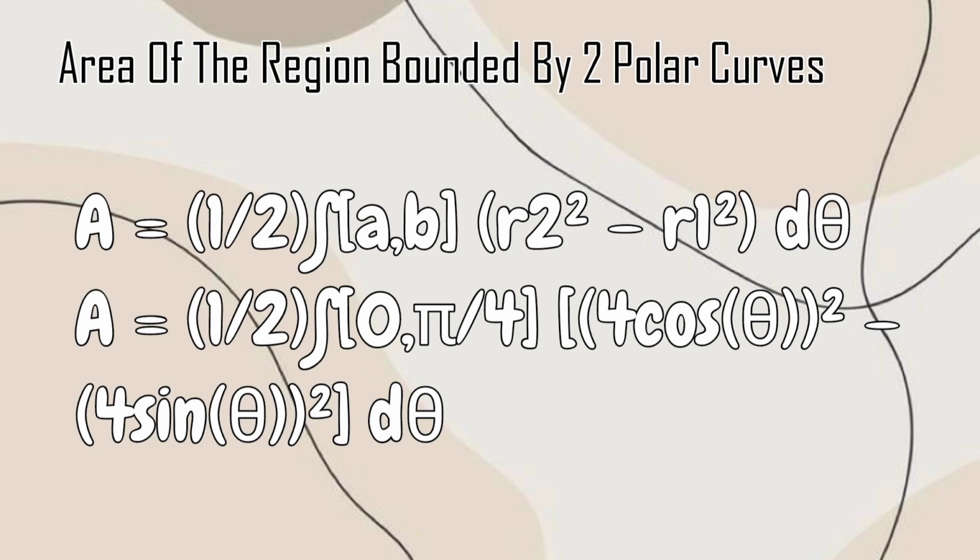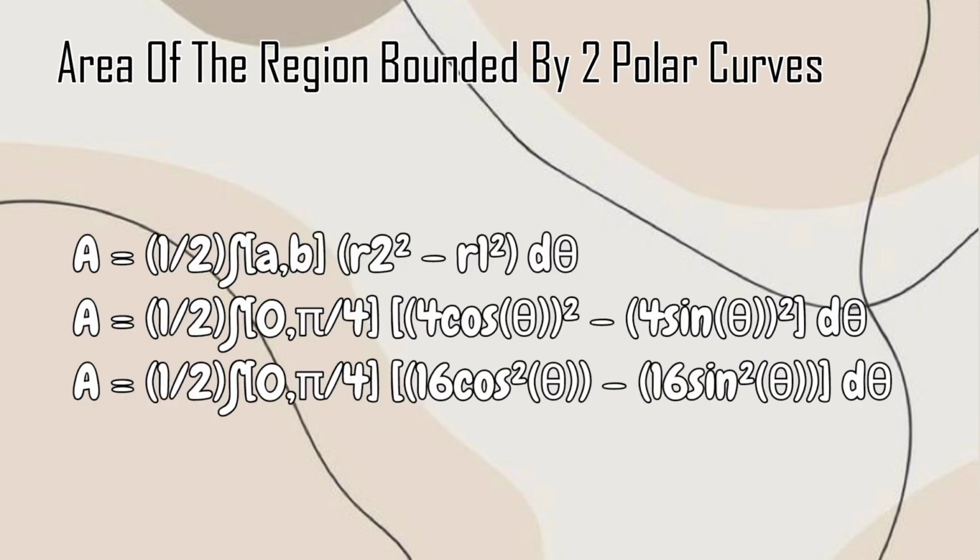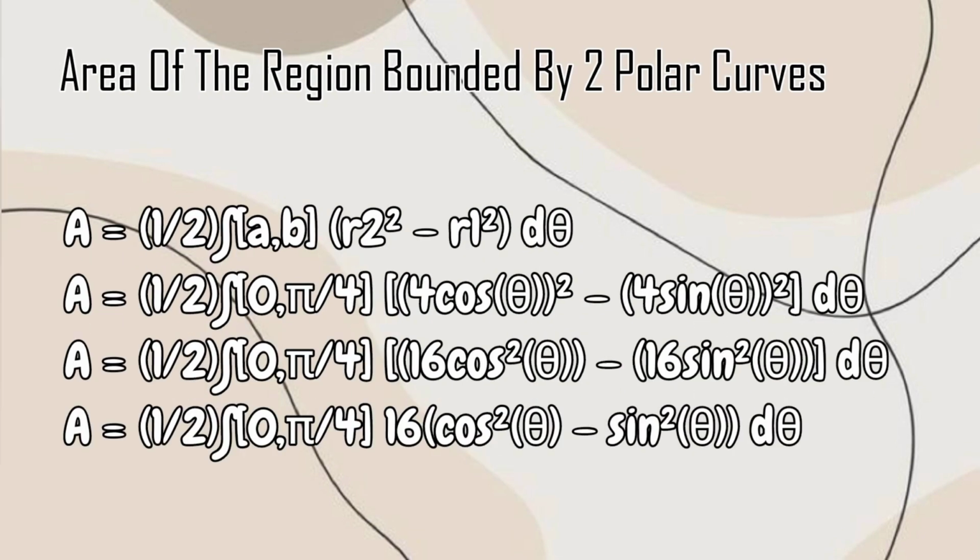After simplifying, area is equal to 1/2 of the integral from 0 to pi over 4 of 16 cosine squared theta minus 16 sine squared theta d theta, because 4 times 4 is 16.